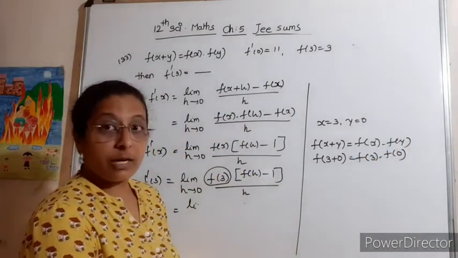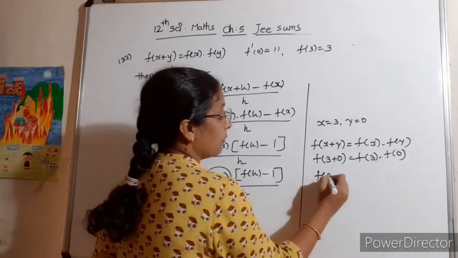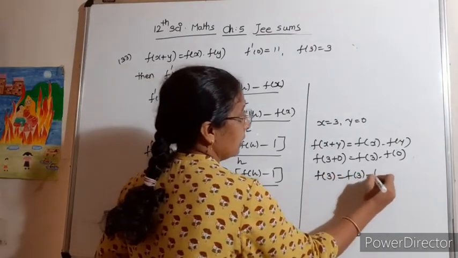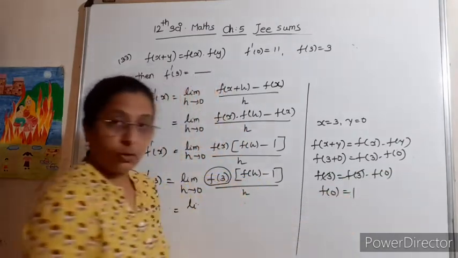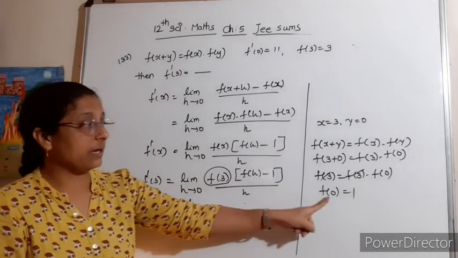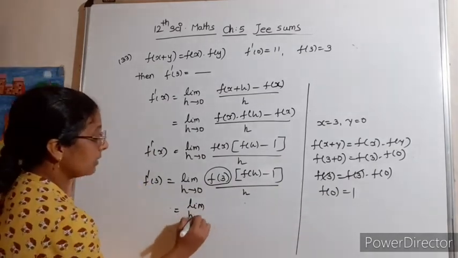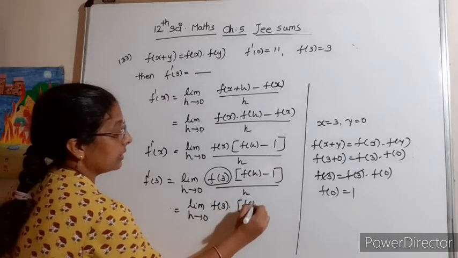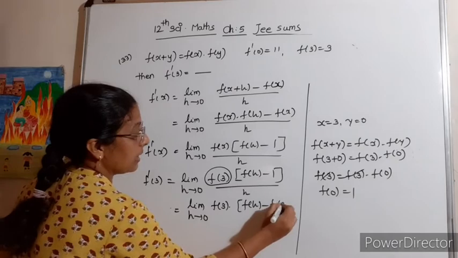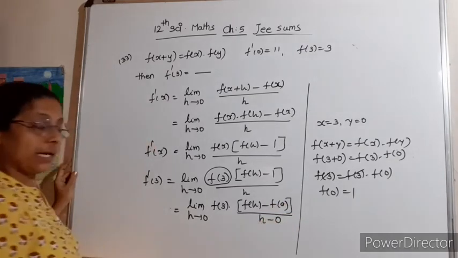Wherever it is x you will write 3 and y it is 0. So that f of 3 into f of 0, ये cancel, that means f of 0 1 होगा. सो जहां पे 1 है आई विल राइट f of 0, लिख सकते हैं. यस, सो limit h tends to 0, f of 3 कांस्टेंट, f of h minus f of 0 upon h minus 0 we can write.